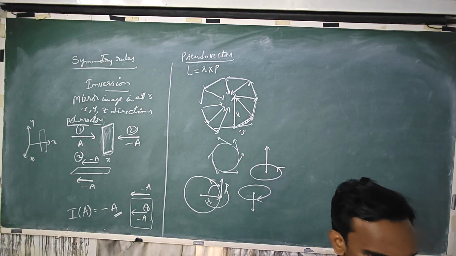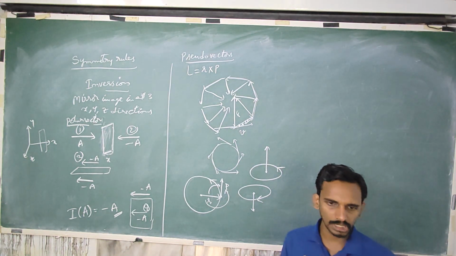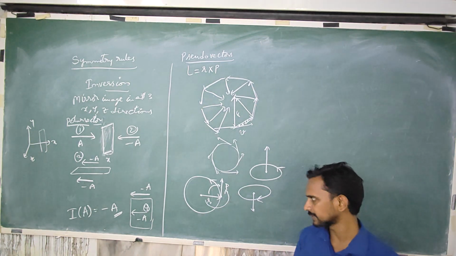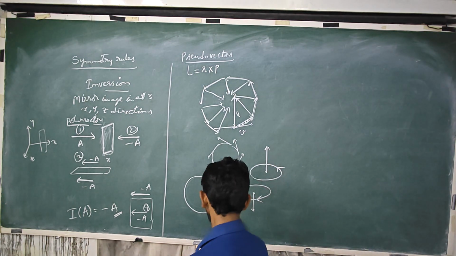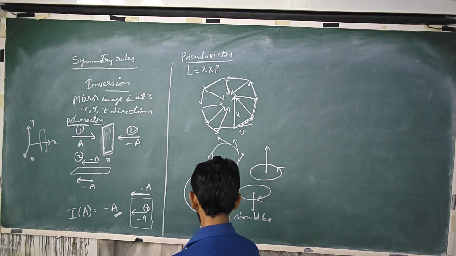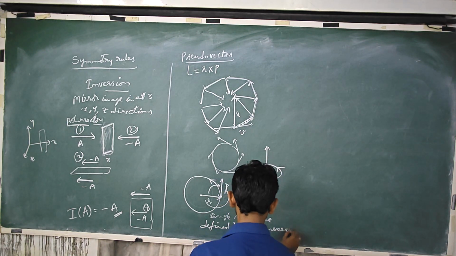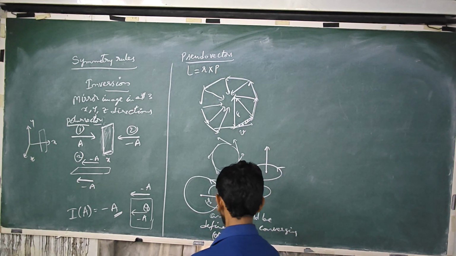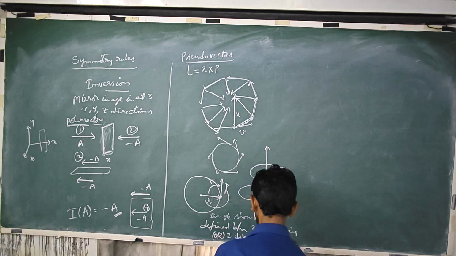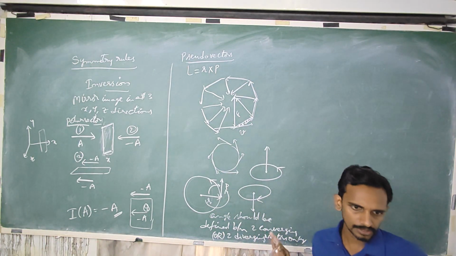But the angle definition: an angle must be defined between two converging vectors or two diverging vectors only. That is the fundamental definition. So we have to define the angle between either two converging vectors or two diverging vectors.